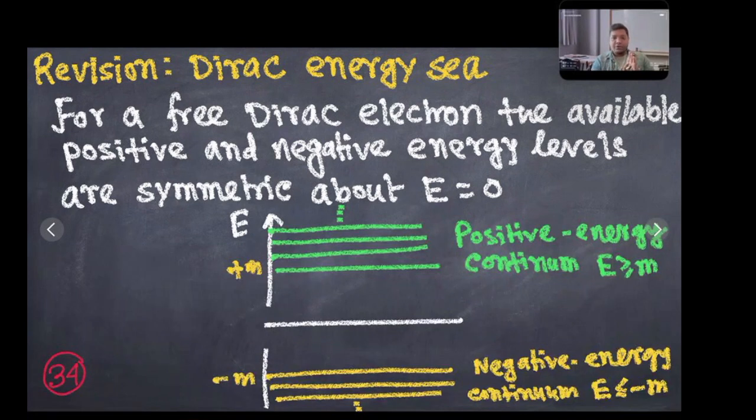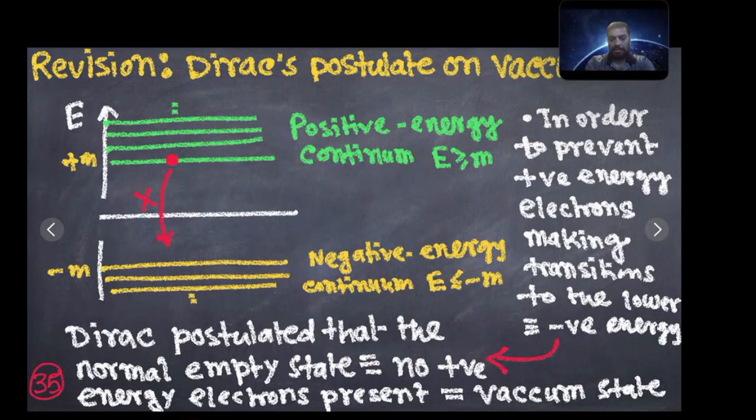What Dirac considered is that the possibility of negative energy comes from the equations of motion, so we cannot ignore it. To prevent a positive energy electron making a transition to the lower energy level, he made another postulate: whenever we consider a normal empty state, or in normal language the vacuum state, there will be no positive energy electron present.